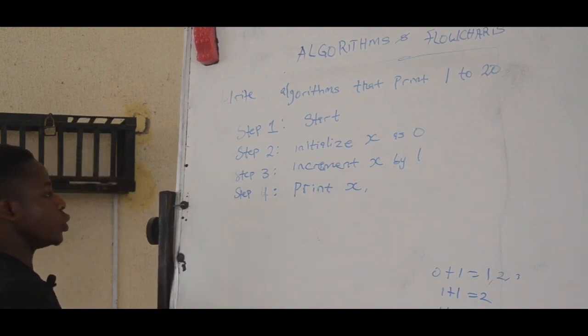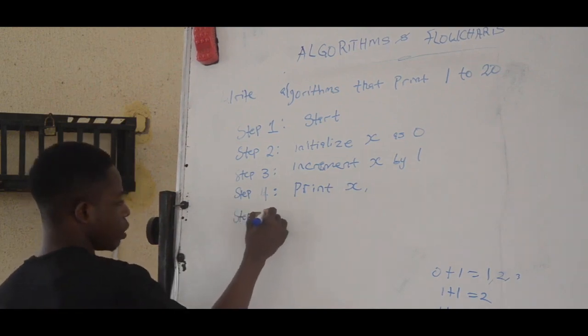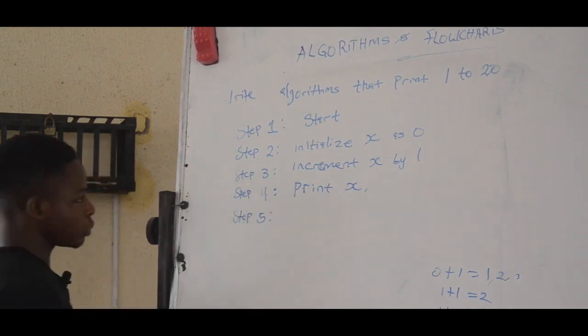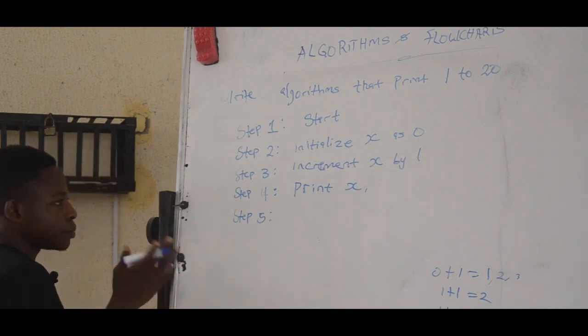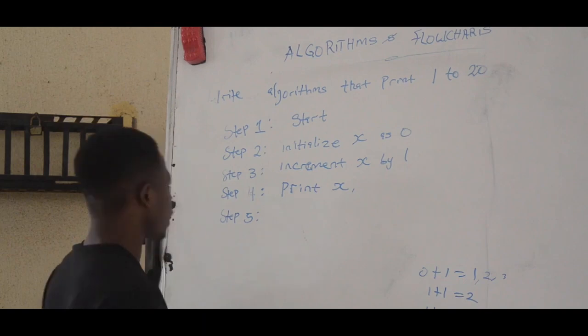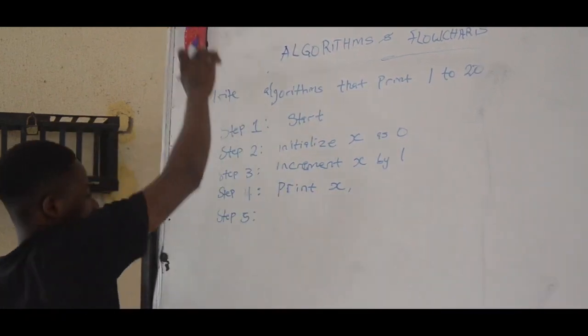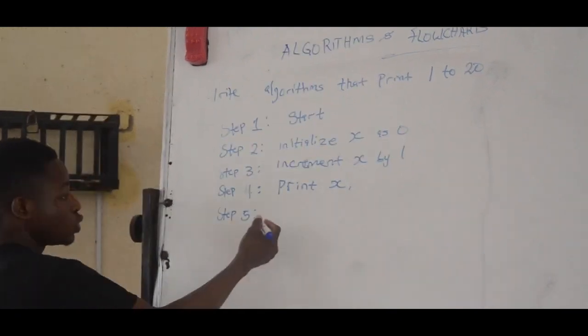But now, to put a full stop to it, what will you do? Coming to step 5, to put a full stop to this, there's something I will call an if statement. I'm still going to explain more about it in basic programs. So what you are going to do is use an if statement.